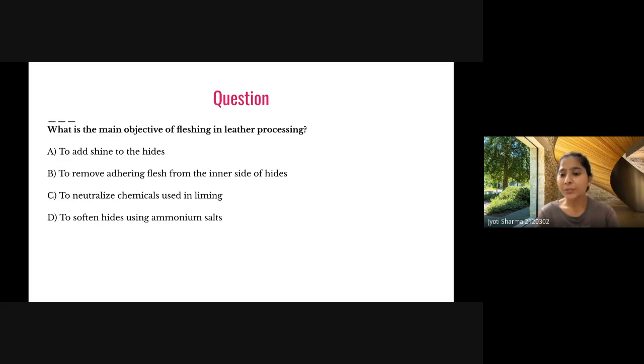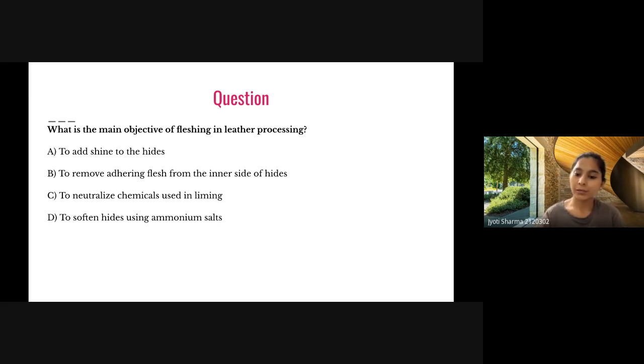To add shine to the hides, to remove adhering flesh from the inner side of hide, to neutralize chemical used in liming, or to soften hide using ammonium salt. Okay, Diya and Venkateshwara both gave me a B answer.